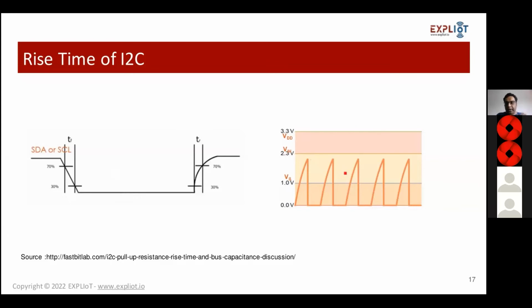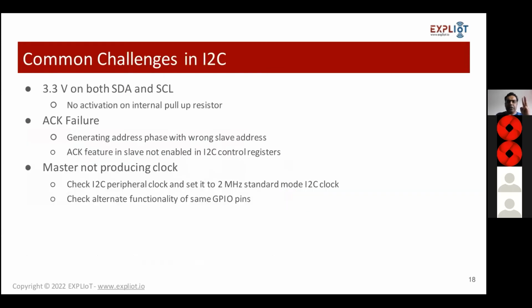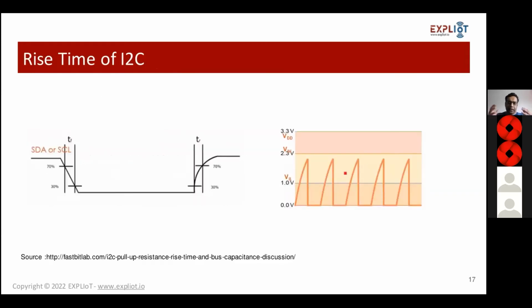So in short, what things are affecting your communication on I2C? The pull-up resistance, the rise time, and the capacitance. On the specification side, they say 400 picofarad is the recommended bus capacitance. Of course, there are certain challenges you have to look at from the PCB side as well.